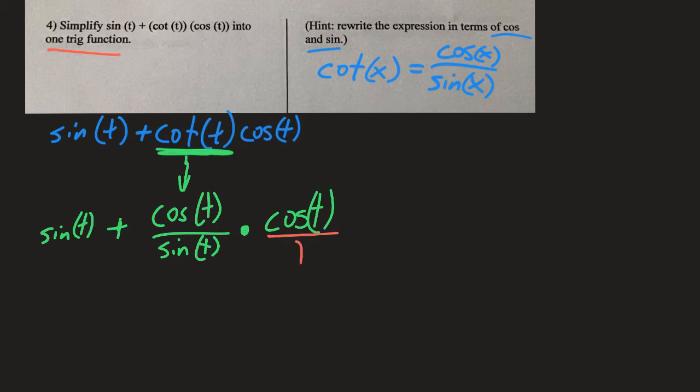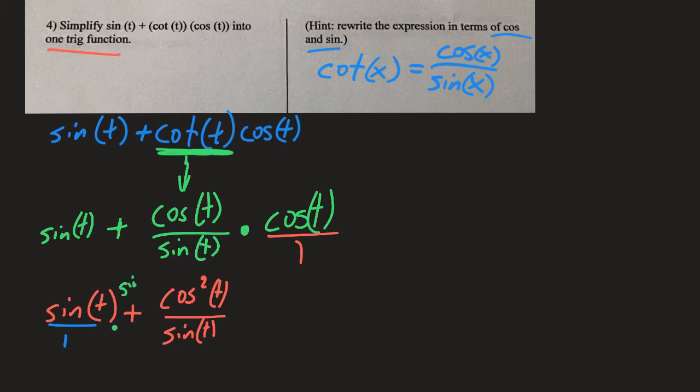So I'm going to write this as being over 1. Cosine times cosine is going to end up being cosine squared of t over sine t, plus sine t on the front. Okay, and now that I'm here, let's go ahead and get some common denominators so I can combine this all into a single fraction. So right now I'm going to put this over 1, and we'll multiply each side by sine t.